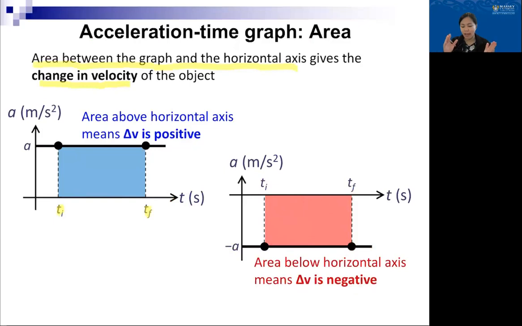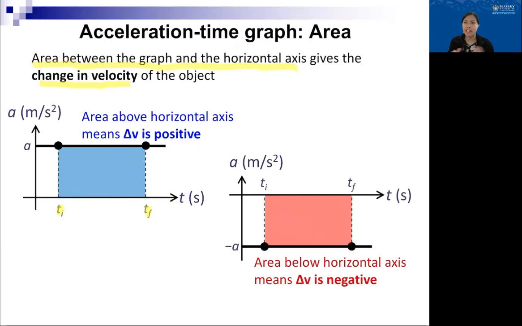If you have a velocity versus time graph, the area will give you the displacement. If you have an acceleration versus time graph, the area will give you the change in velocity.